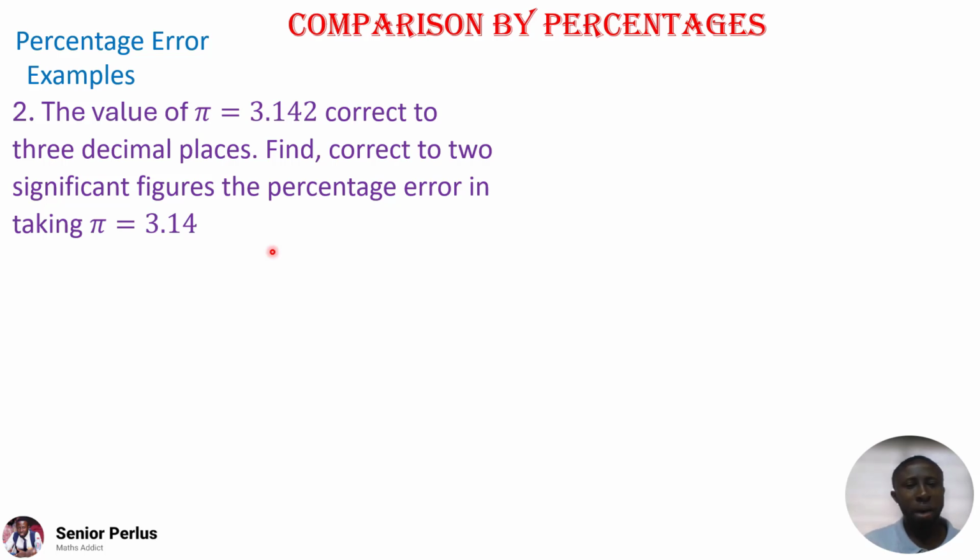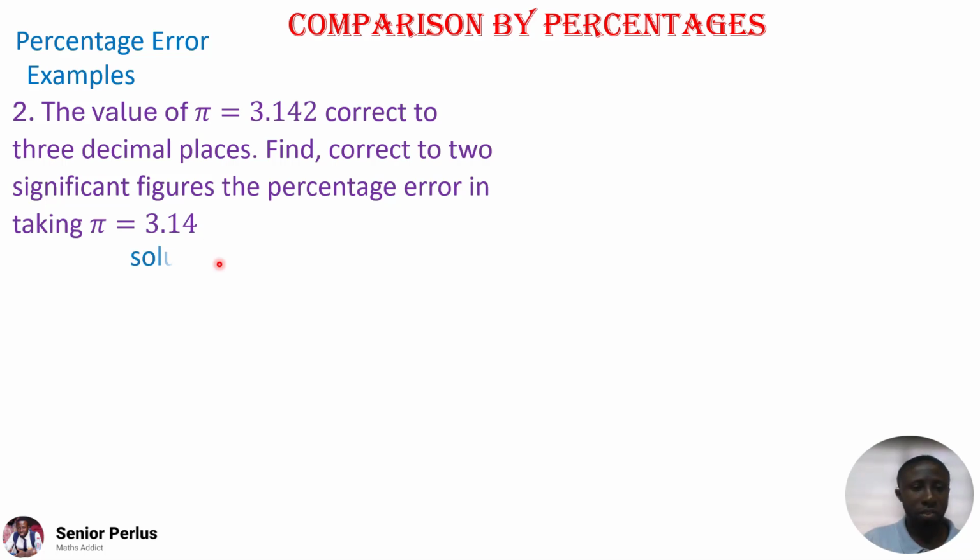So the value of pi equal to 3 decimal places. Find, to 2 significant figures, the percentage error in taking 3.14. So the person made an error. I think the person just rounded it and got 3.14, and there's an error.